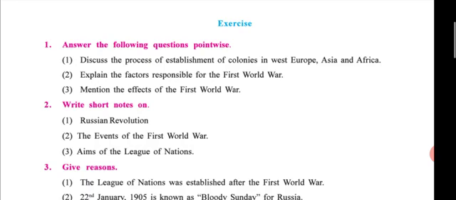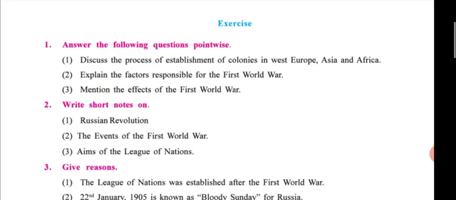Detailed information you read 2 to 3 times and learn, but you do not need to write. Then second, effects of the First World War. In this question, only head points you need to write, not in detail.